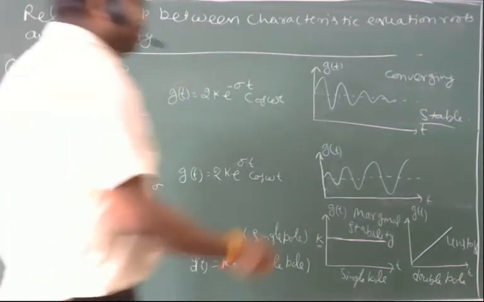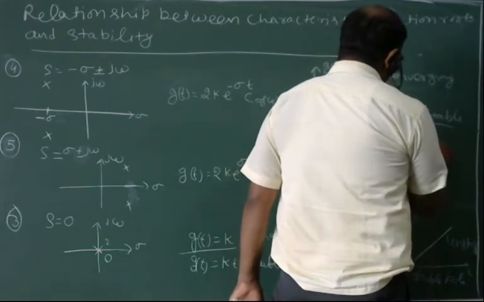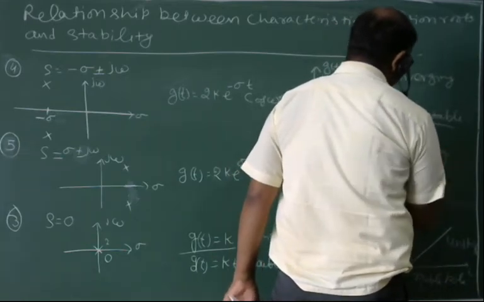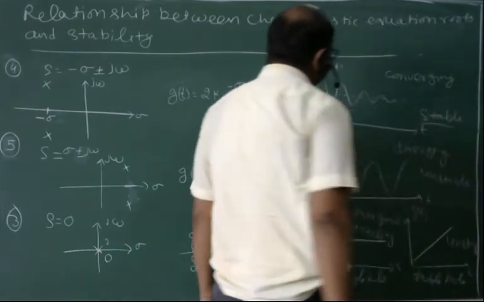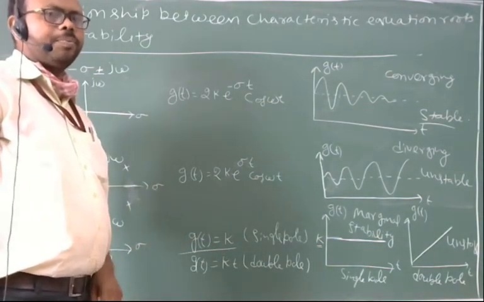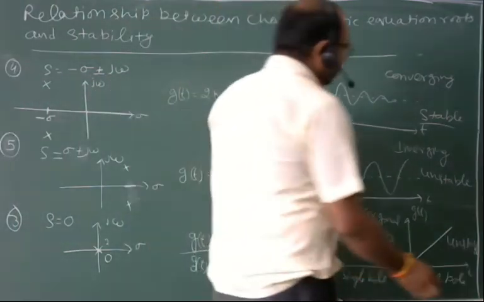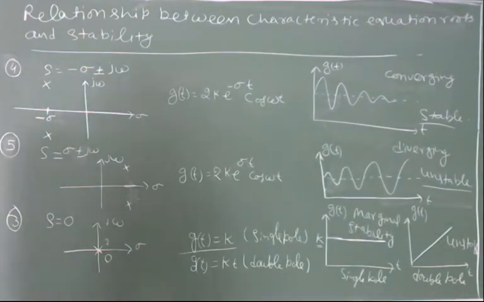Clearly it can be seen that the graph is diverging and the system is unstable. It means whether a real pole or a complex pole lies in the right half of the S plane, the system is always unstable.